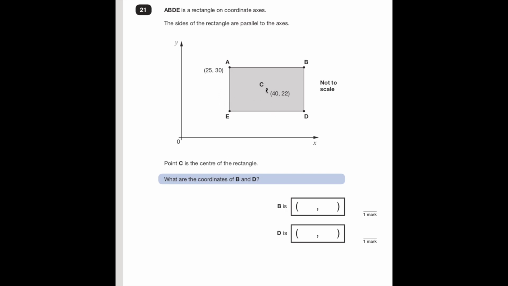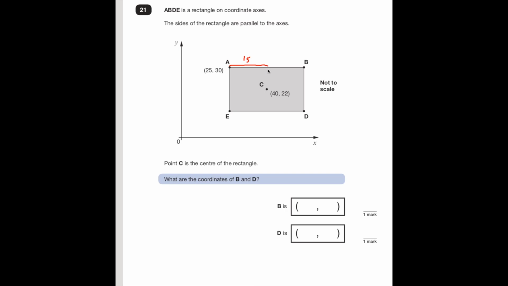Because this is halfway between this point and this point, let's look at the x-axis, this one across. The x point for A is 25, and this one is 40. Well, this whole length here, this halfway point, is 15. The reason I've got to that answer is that if we're starting at 25 and we keep going until we get to 40, which is this x point, then that takes 15 steps.